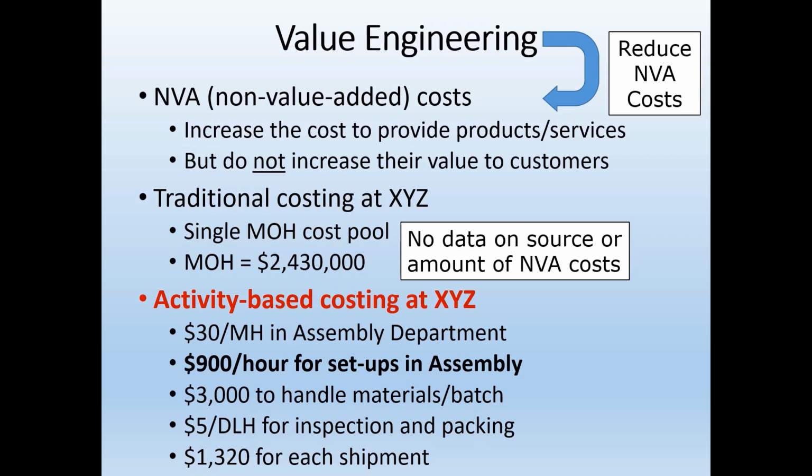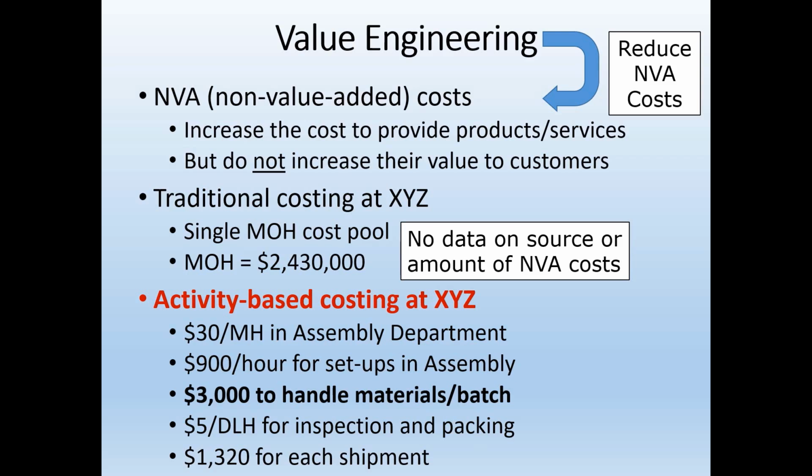Maybe there's nothing that the firm can do about that amount. Or maybe that signals that it's time for the firm to consider investing in more efficient machinery. It currently costs XYZ $900 of setup costs for each hour that's spent setting up machines in the assembly department. Perhaps the firm could change its production schedule so that it would require fewer setups.